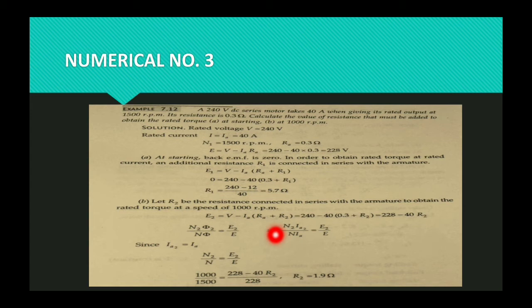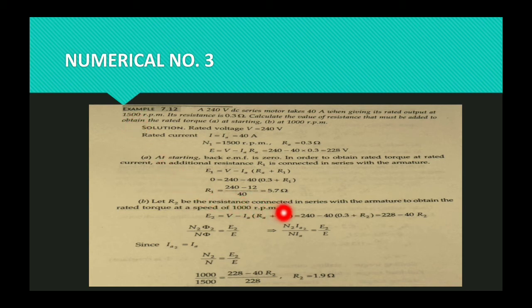So instead of phi 2 we can write IA2, N2 into IA2 by N1 into IA1. N1 is the first speed, that is 1500 rpm.